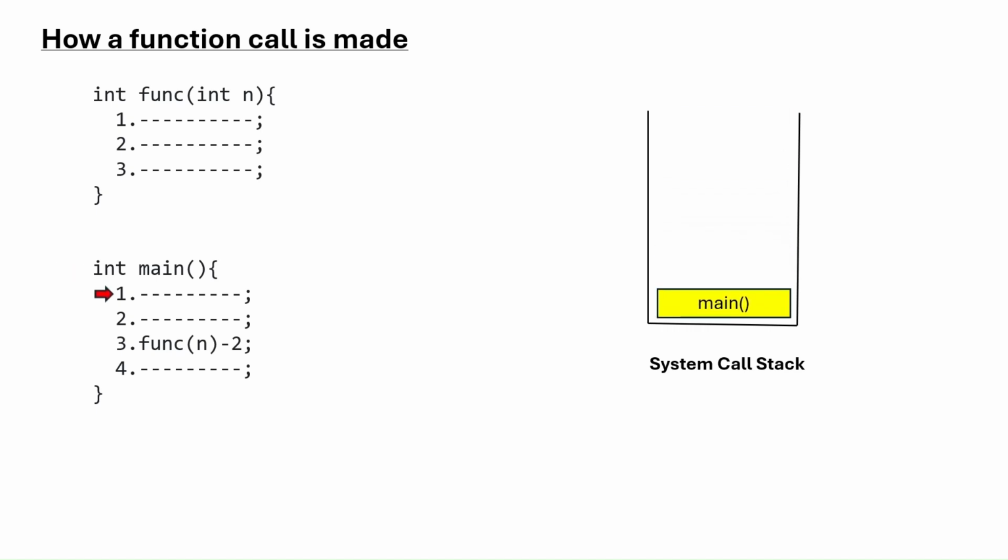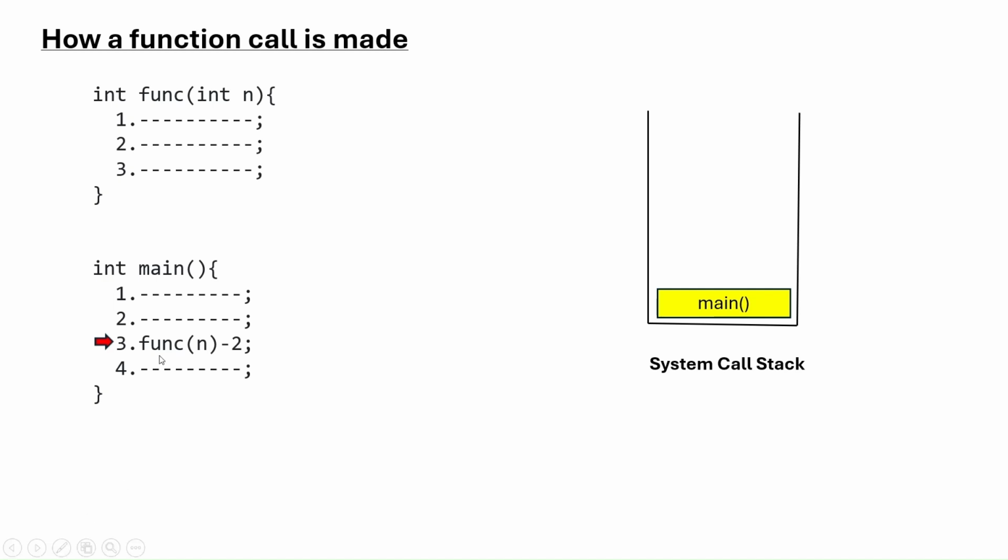Then it will execute the first statement, then the second statement, and once it executes the third statement, the function func will be pushed onto the system call stack. Then it will execute the first statement, the second statement, the third statement. Once this function func is completed, it gets popped out of the system call stack and the control is returned to the previously called function, and here it is the main function.